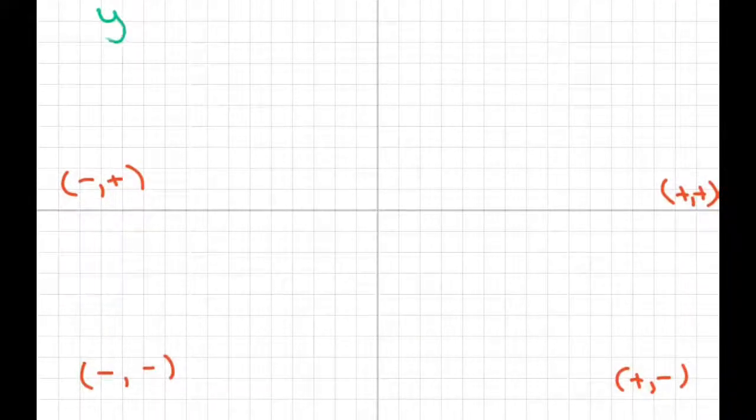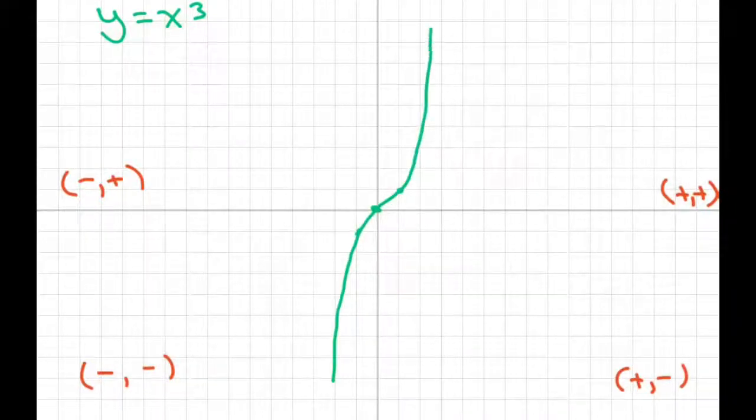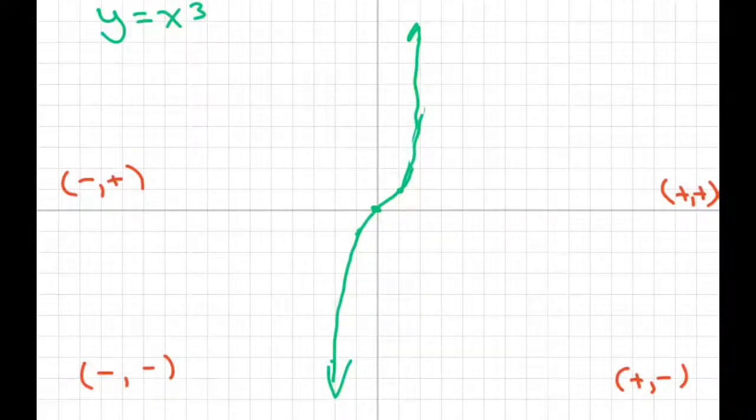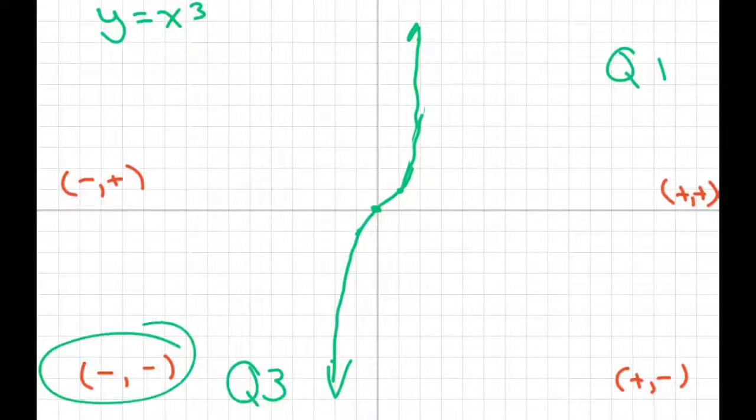All right, let's do the odd ones. So if you have y equals x cubed, we know that it looks like this. I'm not graphing this very well, but it goes something like this. It looks something like that. So reading the graph left to right, we're starting in quadrant 3 and we're ending in quadrant 1. So that means you're going to write your end behavior as this.